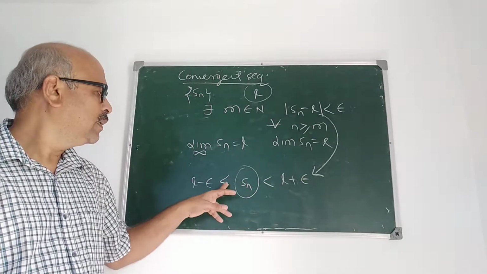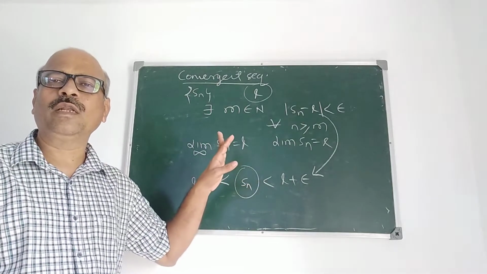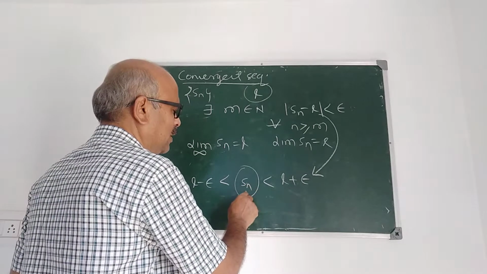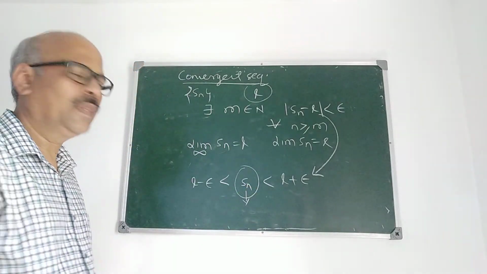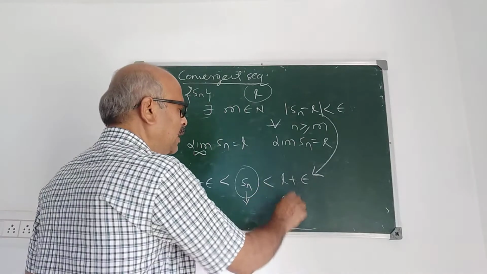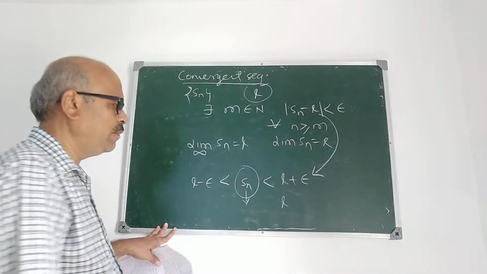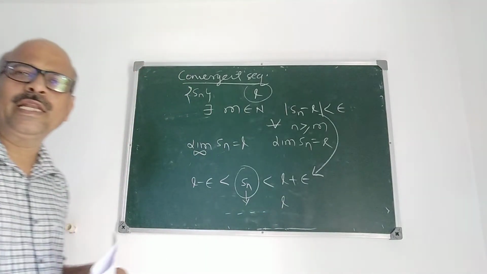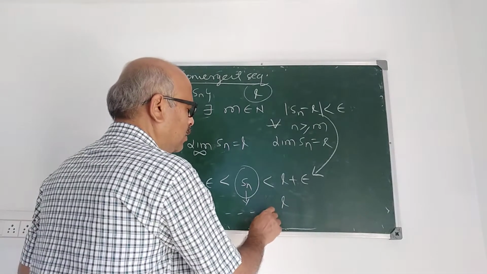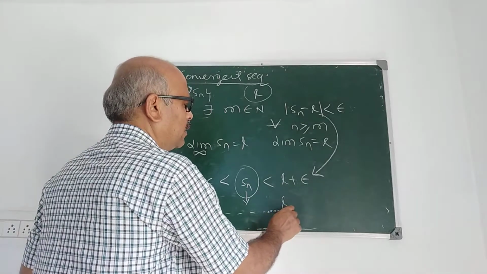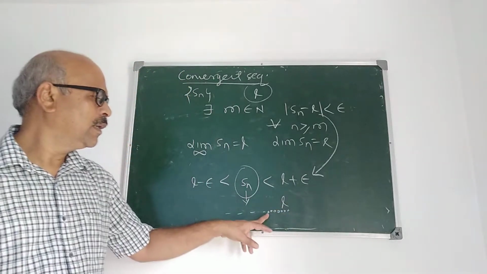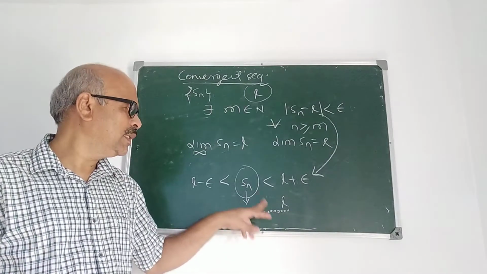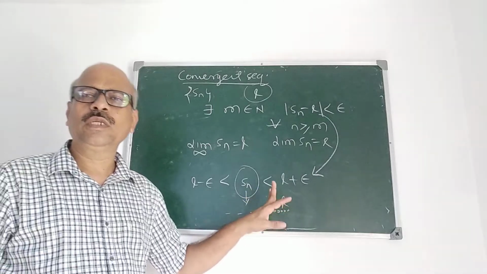Then we say that sequence Sn converges to L. Or in other words, if for n increasing and becoming very large, the terms of the sequence lie close to each other, then we say that Sn converges to L.